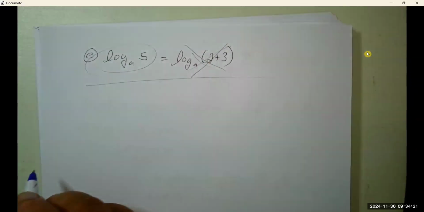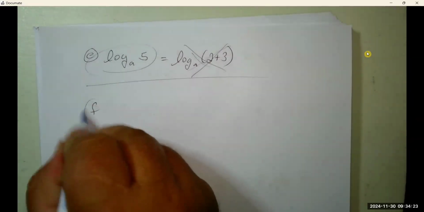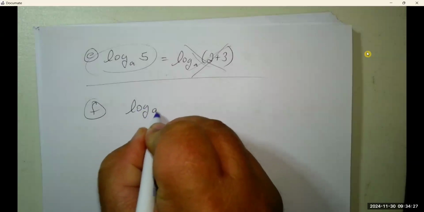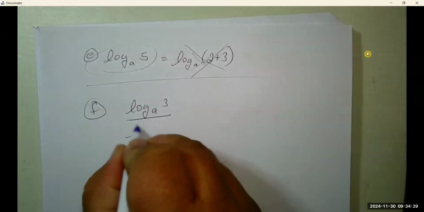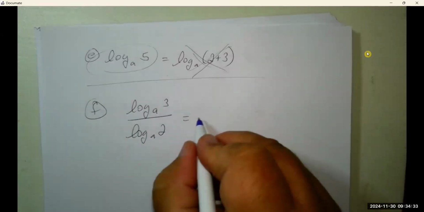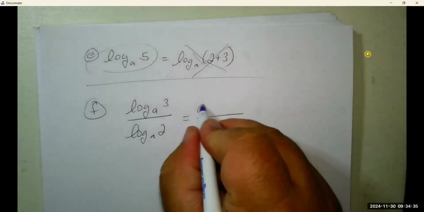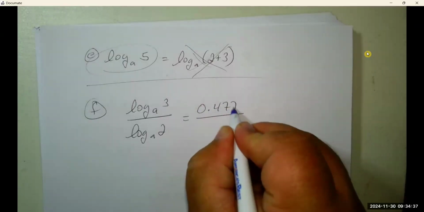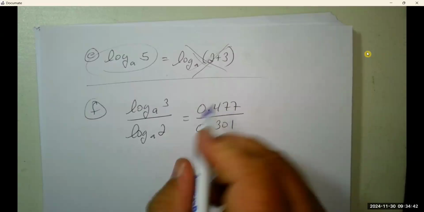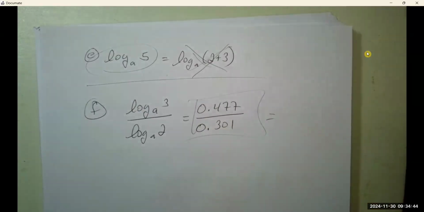Then log base a of 3 over log base a of 2 is 0.477 over 0.301, and whatever this in the calculator equals.